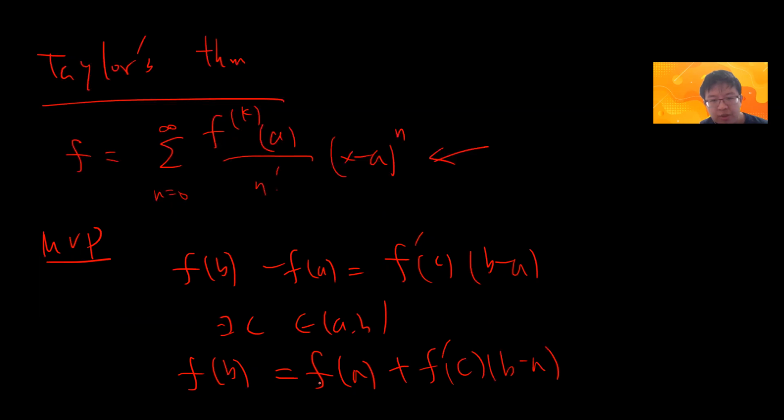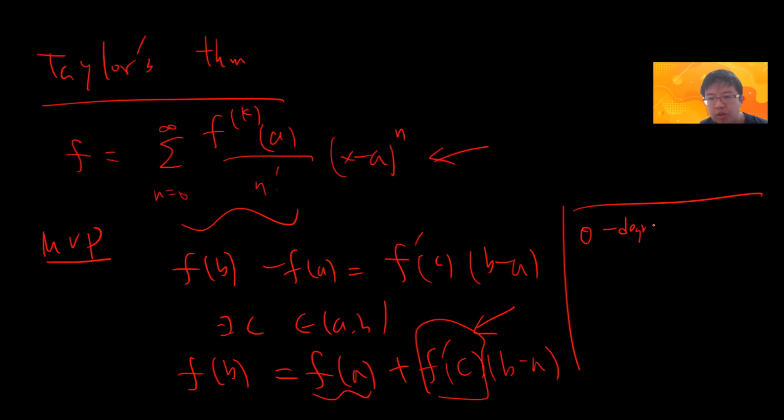So if you only write the 0-degree Taylor expansion, the error term is controlled by the first derivative.